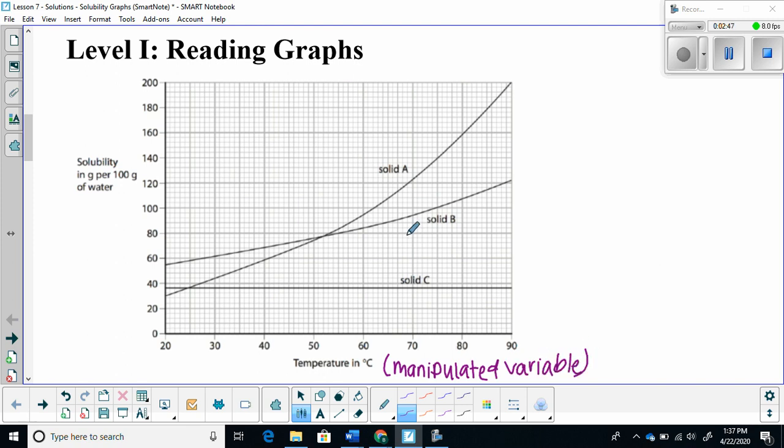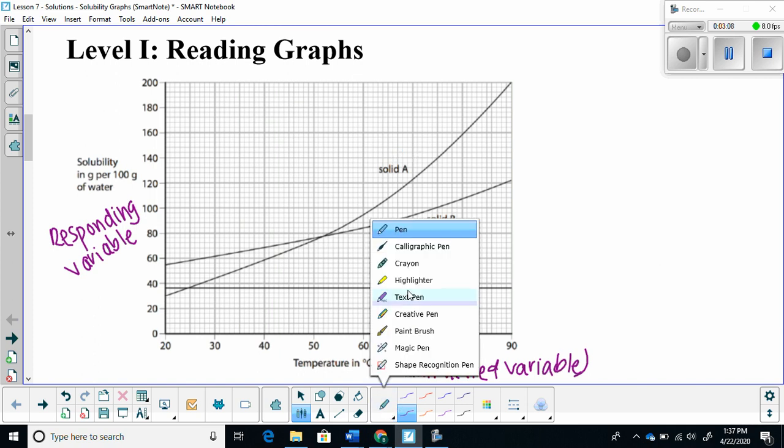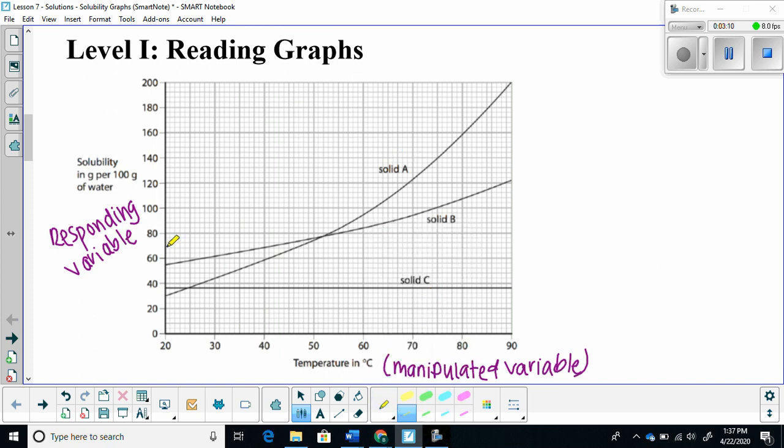And then on the y-axis, we have our responding variable. So basically, in this graph, what's happening is we're changing the temperature and seeing how the solubility of different compounds will change. So I'm going to get a highlighter out.